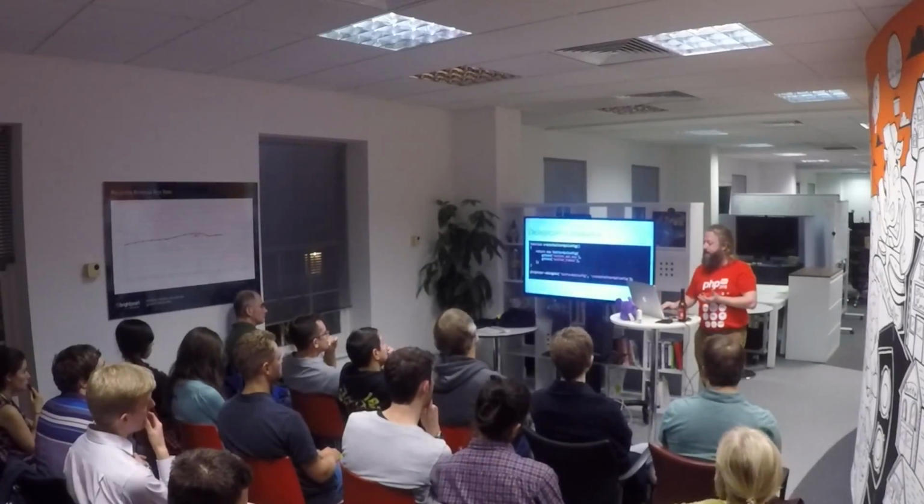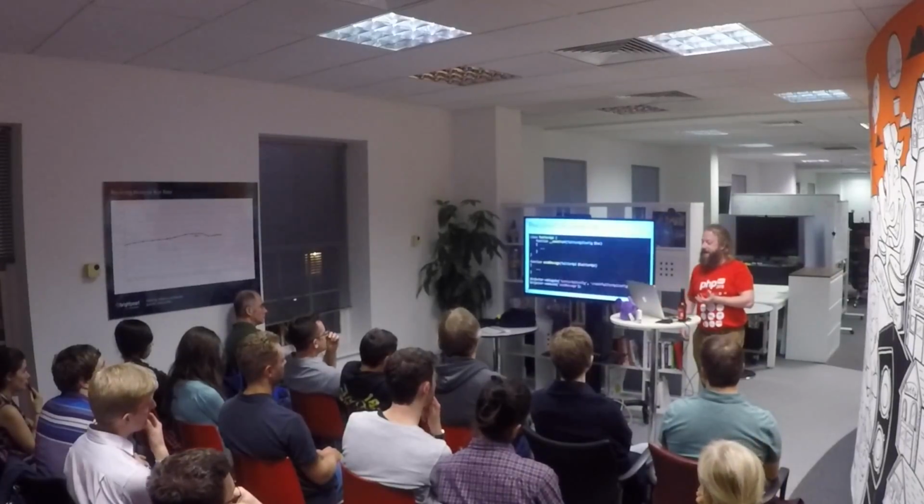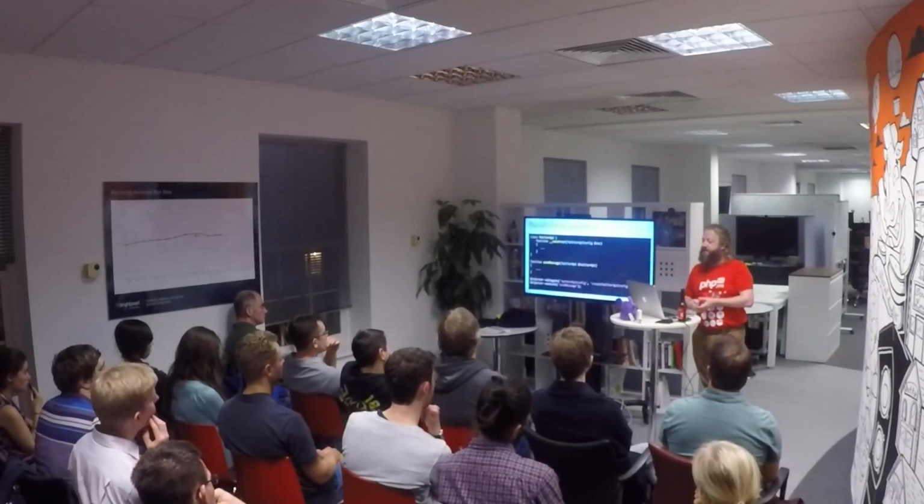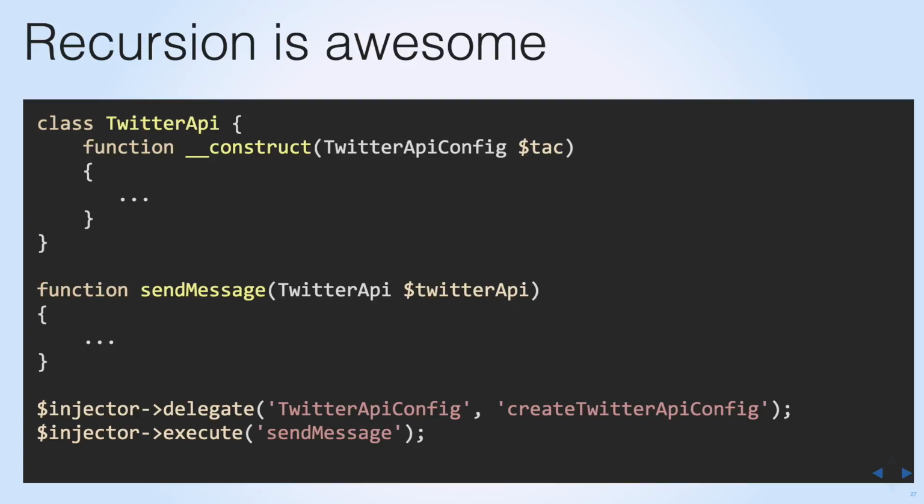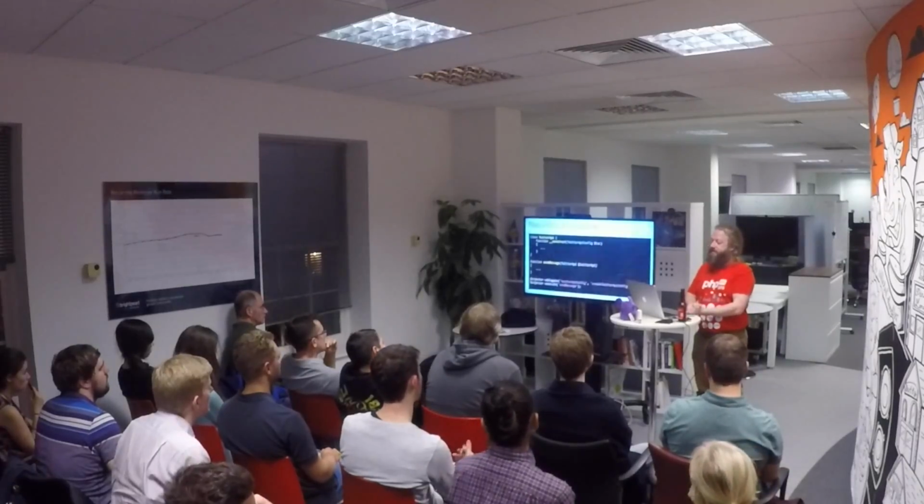The other thing that's really powerful, as I mentioned at the start, is that Auryn does the dependency injection recursively. So in this example, it goes to execute send message, sees that it has a dependency on a Twitter API object, so it goes off to create that.